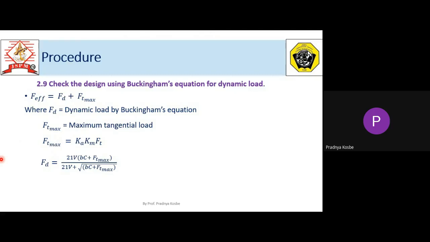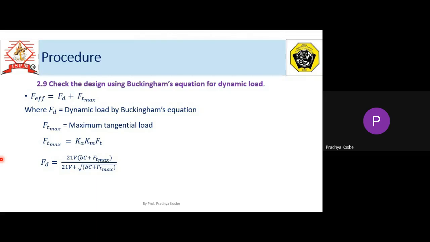In our case, the input device or prime mover is an electric motor, and the output device or driven member is an agitator. So from R.B. Patil's book, Design of Machine Elements, this agitator falls under the category of uniform load.